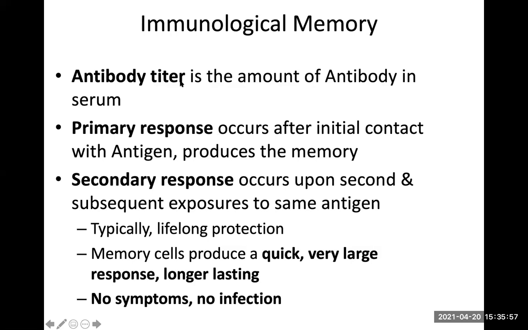There's a few exceptions, but most of the time you do stimulate a full immune response and get the memory. Then, assuming you have that memory, if you ever come in contact with that antigen again, you'll have a secondary response, which is much quicker, much larger in volume, and lasts longer.